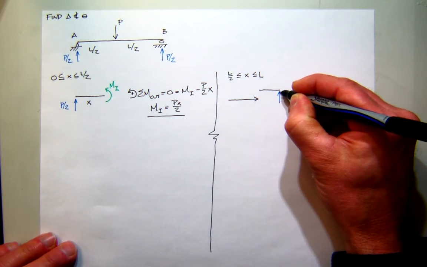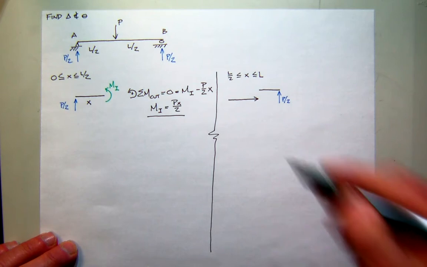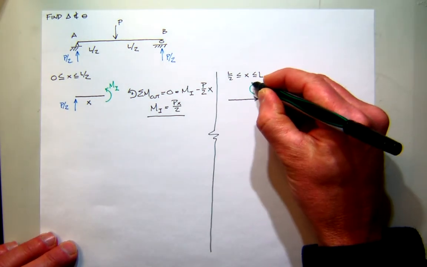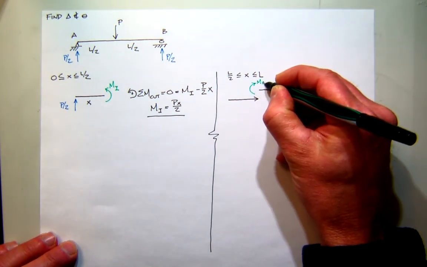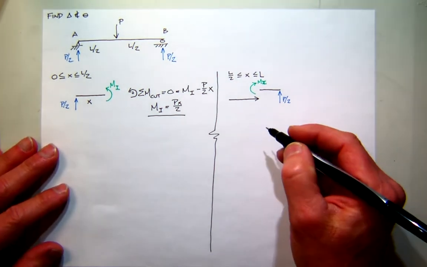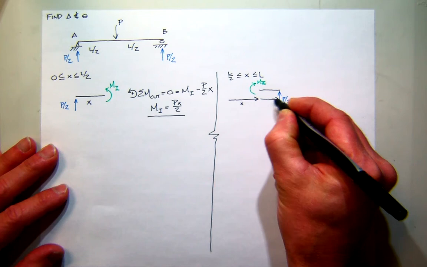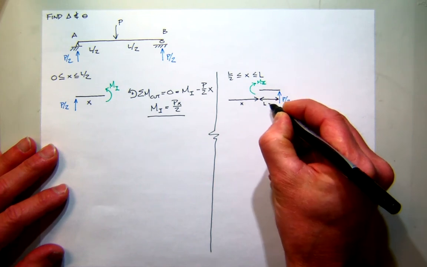Still have the reaction on the right-hand side, P over 2. And now I'll have the positive bending moment in the second phase. Now we already know that if this is x, then this distance is going to be L minus x.